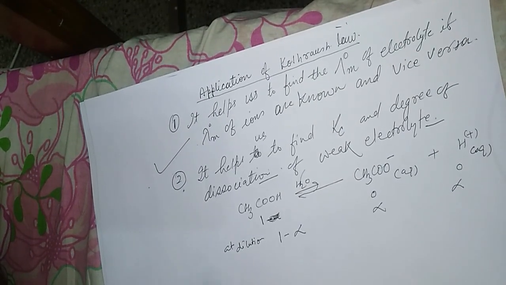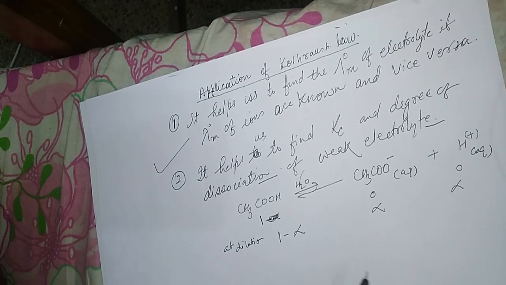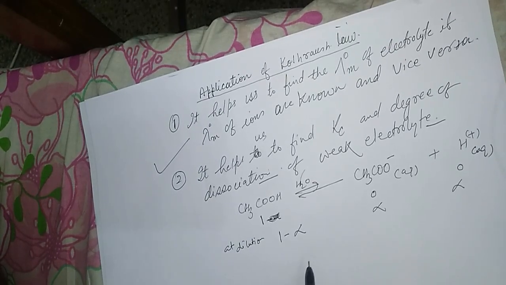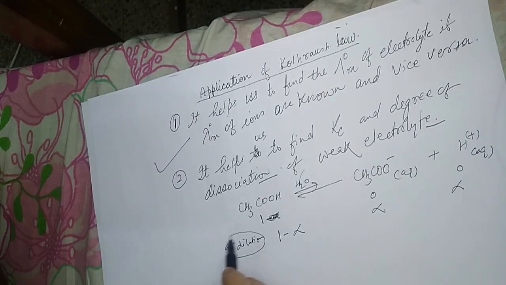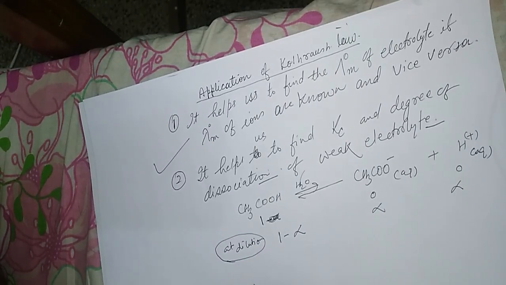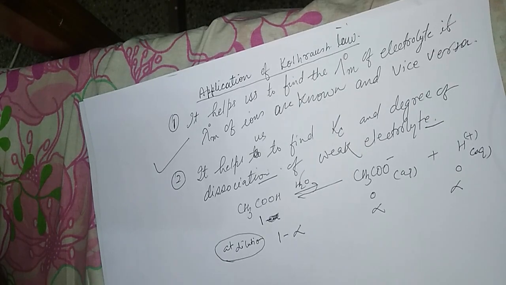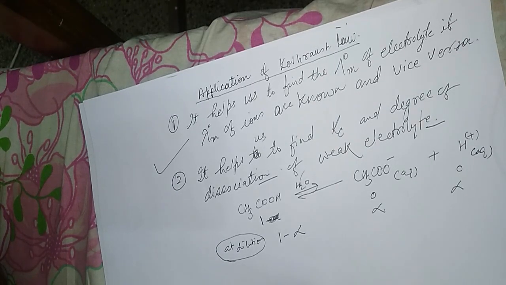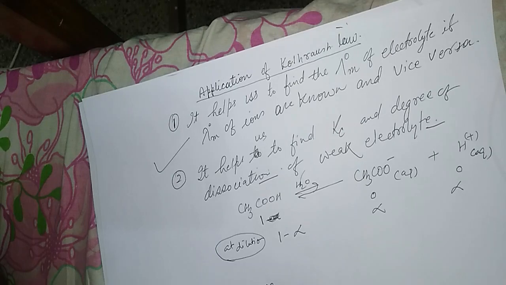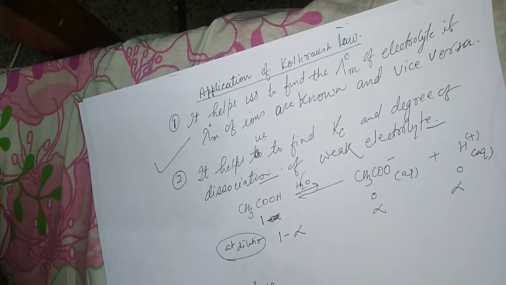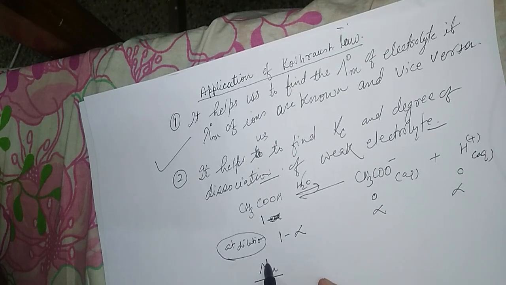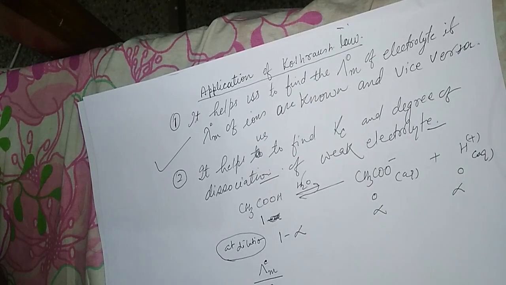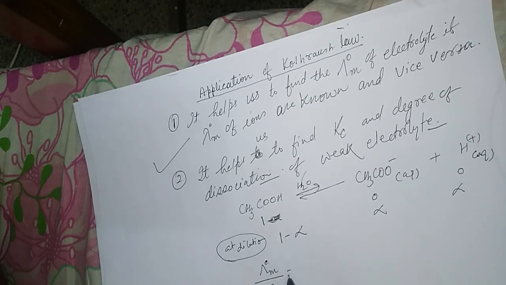So there is a relation between the degree of dissociation and molar conductivity at infinite dilution. If we keep the molar conductivity at infinite dilution in the denominator, and the molar conductivity at any given concentration in the numerator, it will be equal to alpha.